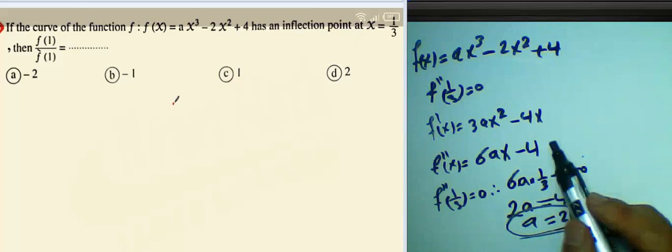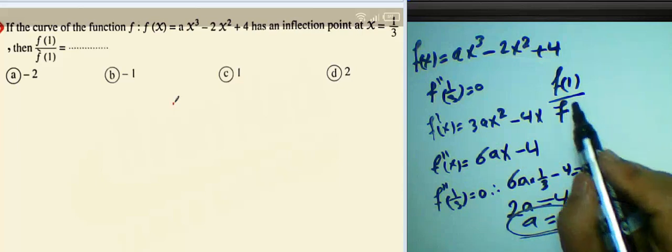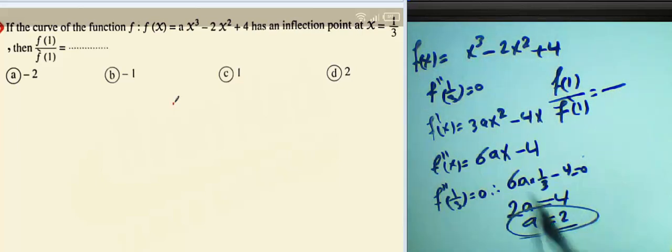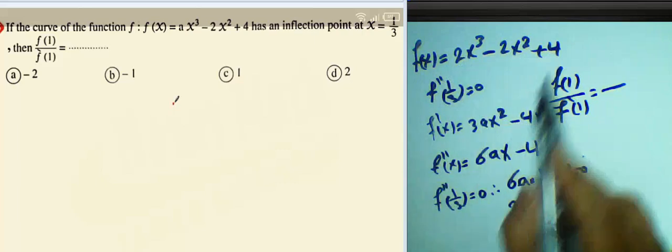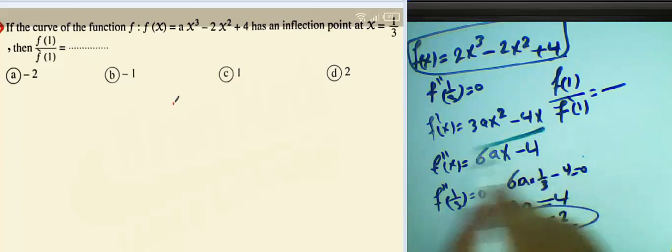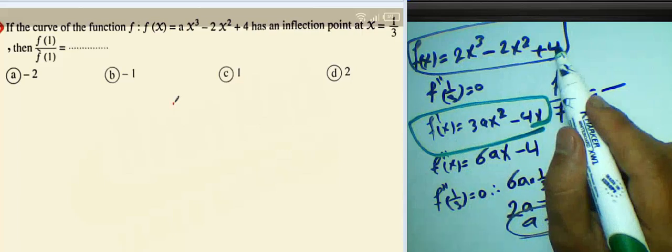Here we want to find f of 1 over f dash of 1. For f of 1, put a equals 2 here in the function, and f dash is the next function here. We can write 1 here, 2 minus 2 plus 4.